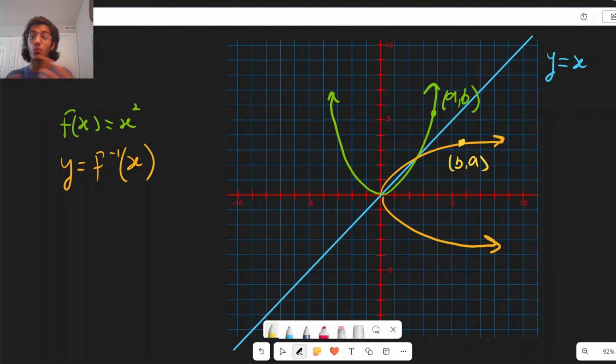Okay, they switch. Why? Because we're reflecting over y equals x. And this is true for all values across its domain and range.